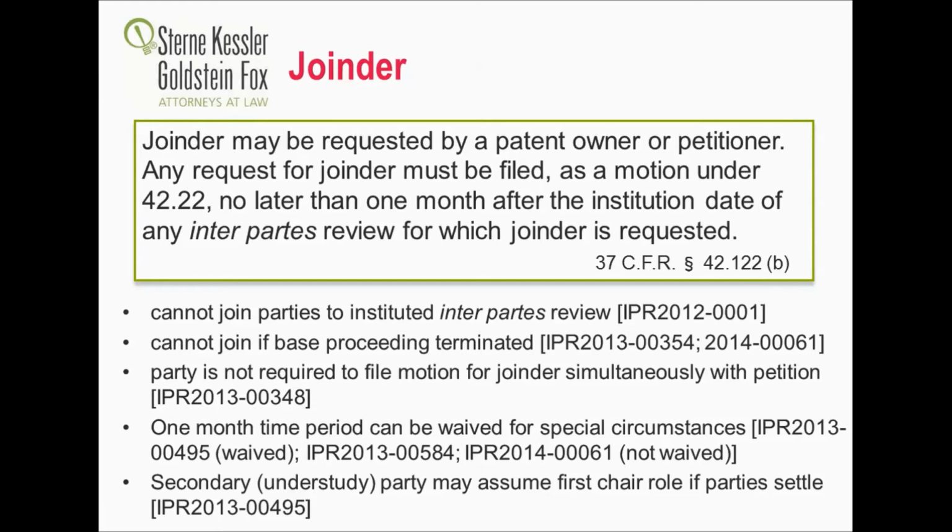Yeah, so I think in that case, probably what I would do is request a call with the board and ask them to strike or expunge that motion as improper, because by rule you can't file a motion for joinder until after the institution date of an inter partes review. So if it got filed before the institution date, then I shouldn't be forced to respond to it because it's an improper motion by rule.